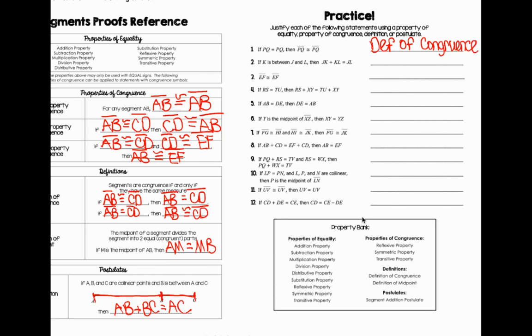If K is between J and L, then JK plus KL equals JL. So that's that last one we just did, segment addition. EF is congruent to EF, so that is the reflexive property.